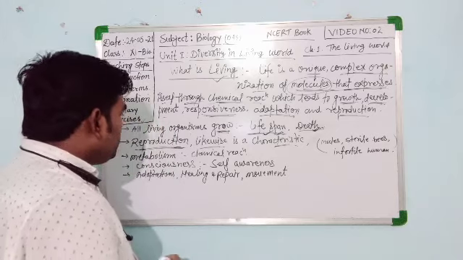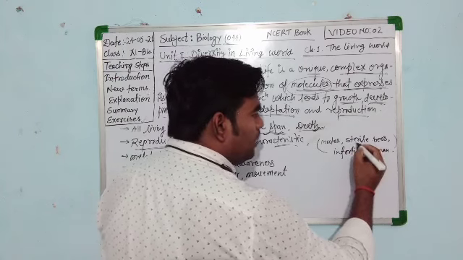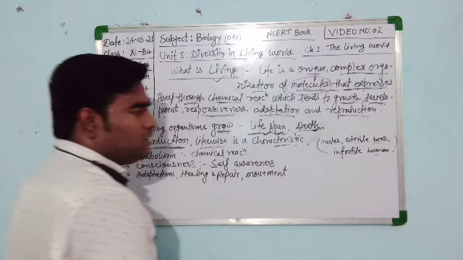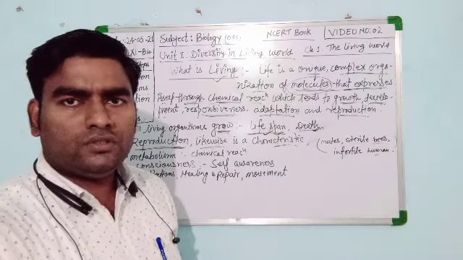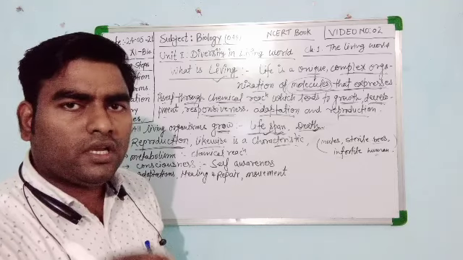But some organisms like mules, sterile worker bees and infertile humans are unable to reproduce. So reproduction is a likewise characteristic, not a compulsory characteristic.